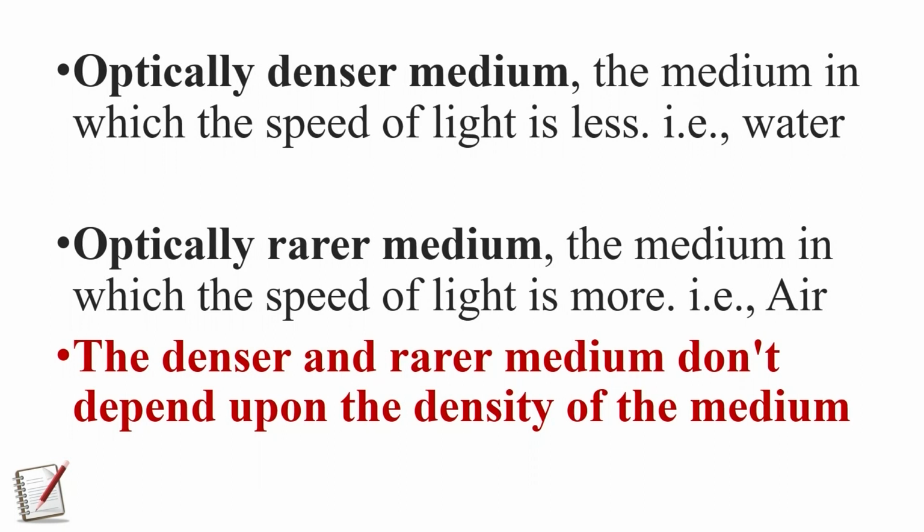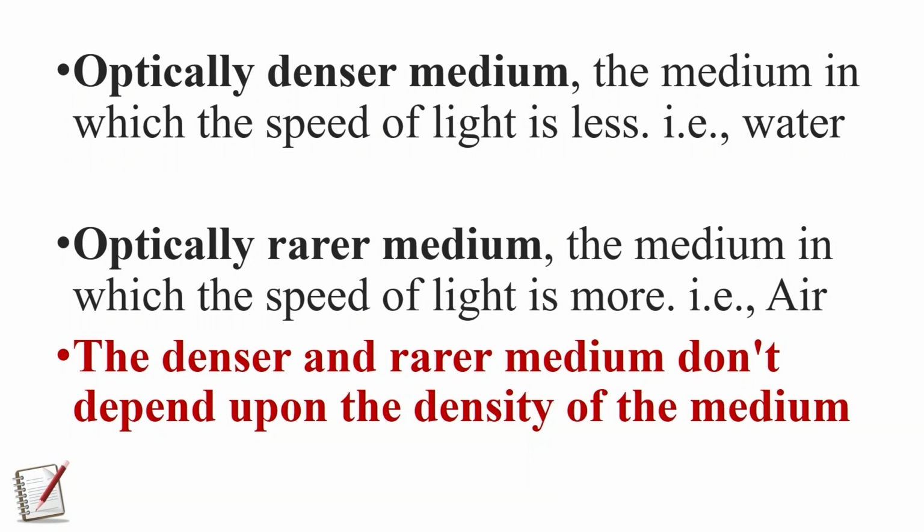If you consider air and water, the optical density of water is more, that is why it is called the denser medium. Optically rarer medium means the medium in which the speed of light is more, that is air, if you consider air and water as the media.